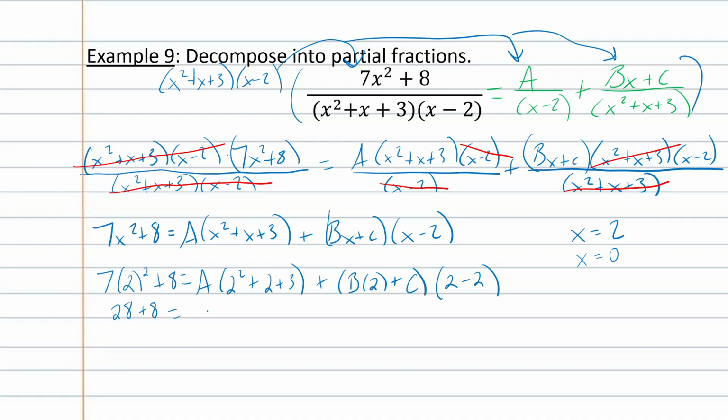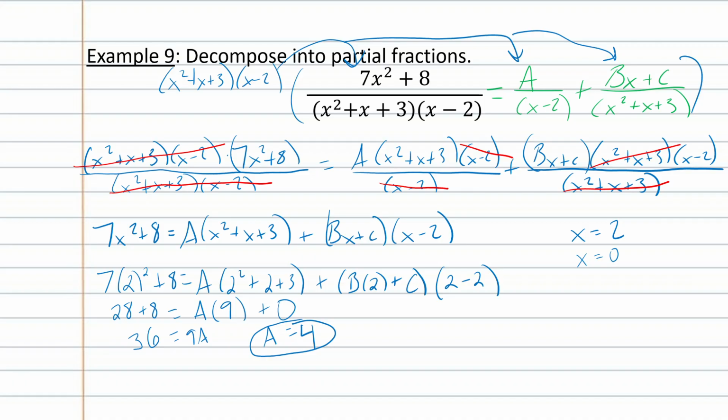So I've got 28 plus 8 equals a. 2 squared is 4, plus 2 is 6, plus 3 is 9. So I'm going to wind up with 9a there. 2 minus 2 is 0. 0 times anything is 0, so that whole last term cancels itself out. Now here I have 28 plus 8. That's going to give us 36 equals 9a. So a has to equal what? A has to equal 4.